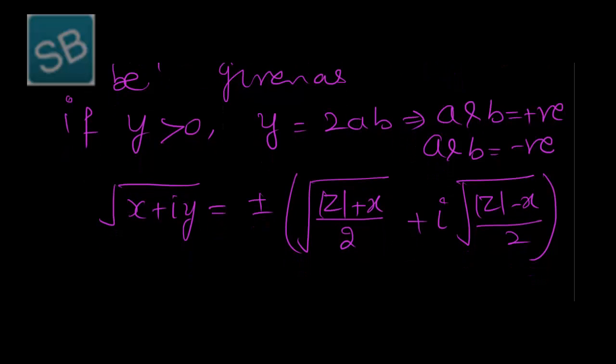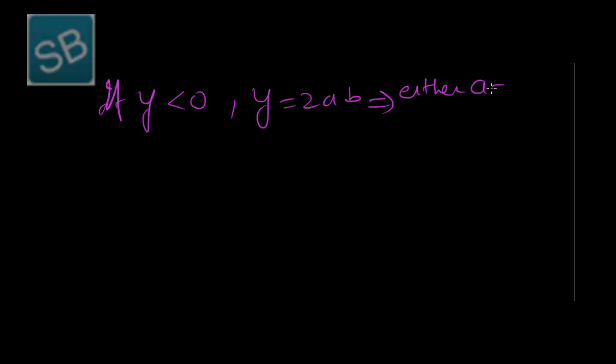And as y is less than 0 and y is equal to 2ab, this implies either a positive and b negative or a negative and b positive.